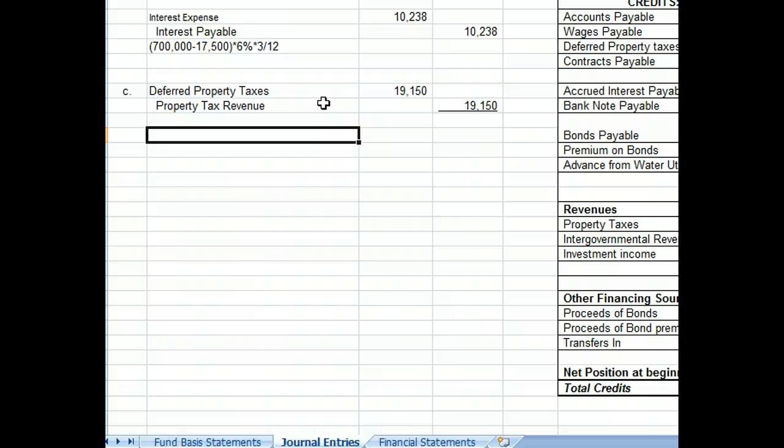Then we're also going to show the property tax revenue. I'll try to get some of these numbers down here for you. And we've got the net position, beginning of the year.